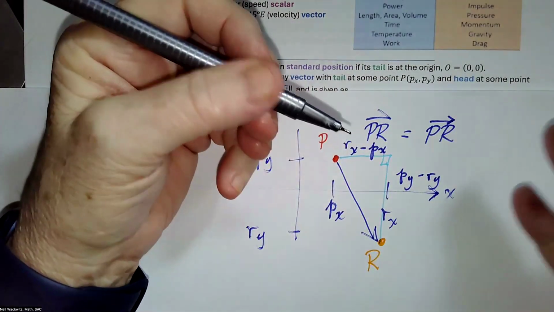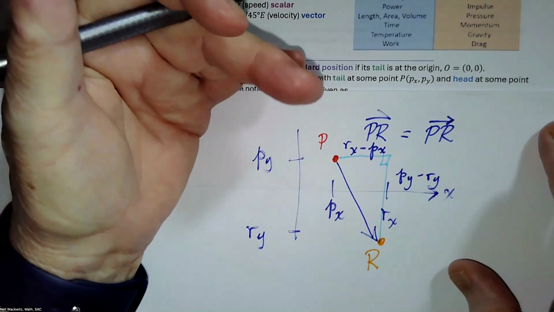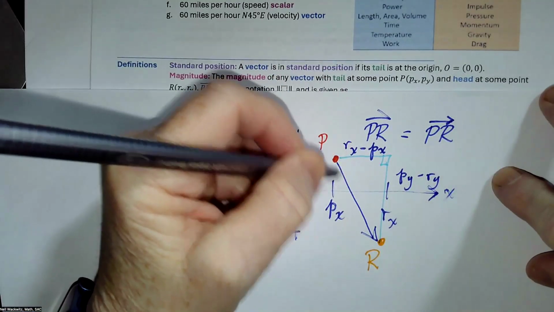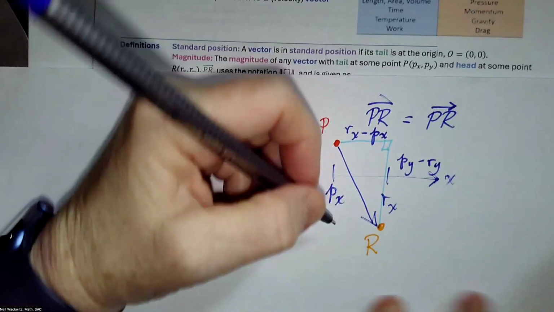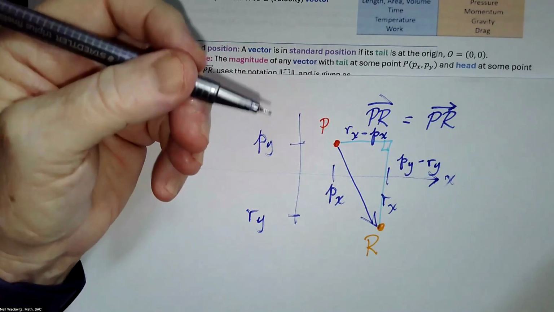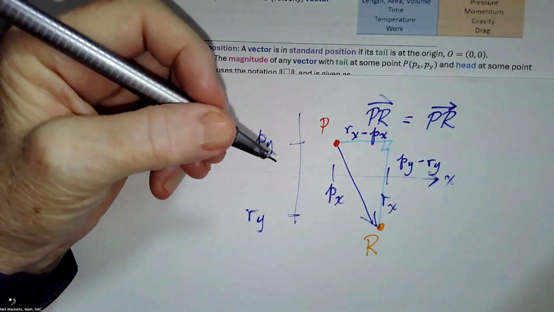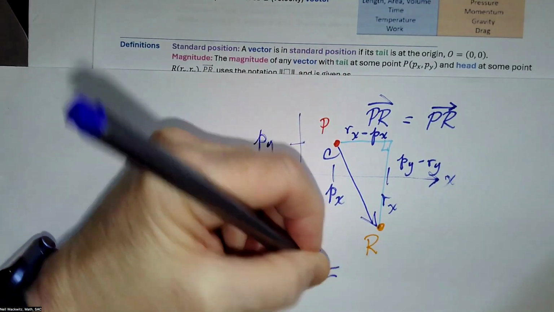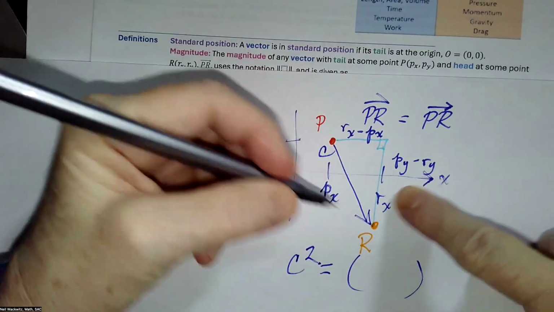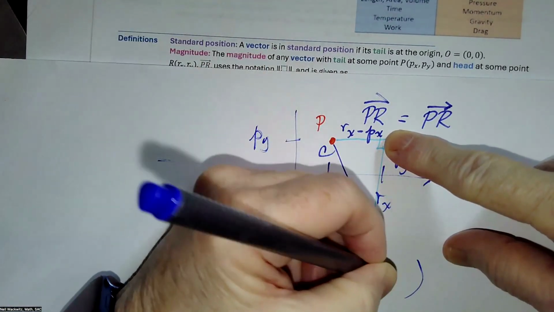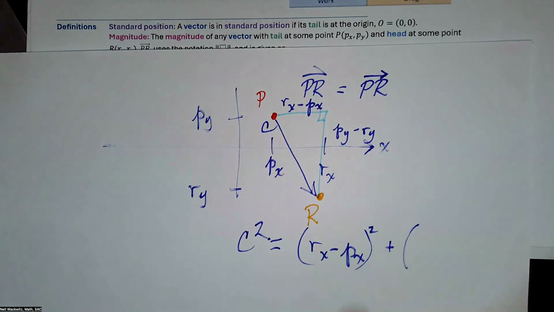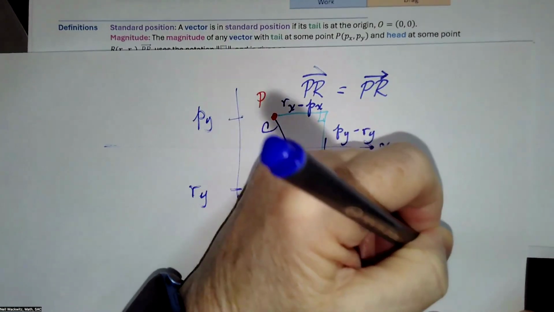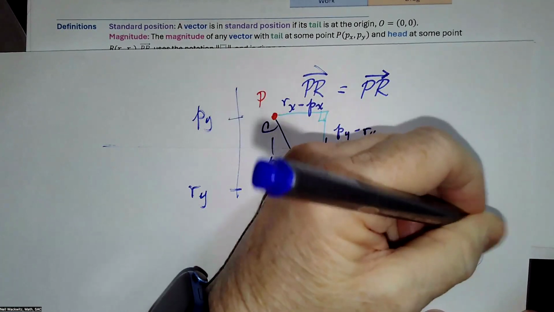And I know from the Pythagorean theorem that the distance of this arrow is going to be, let's call it, we don't want to use R because we've got an R, let's call it C. We know that C squared is equal to R sub x minus P sub x squared plus P sub y minus R sub y squared.